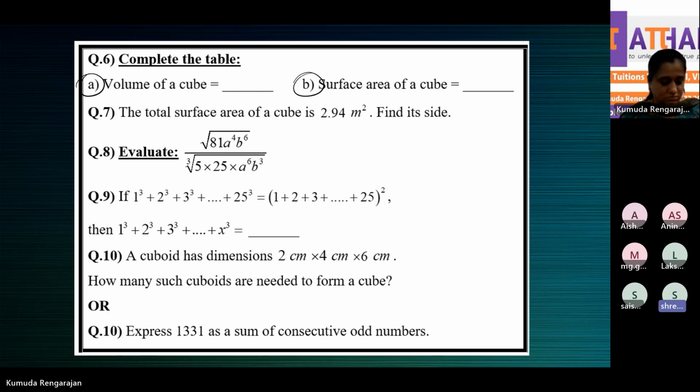Write the answer. What is the formula to find the volume of a cube? Fill the answer.